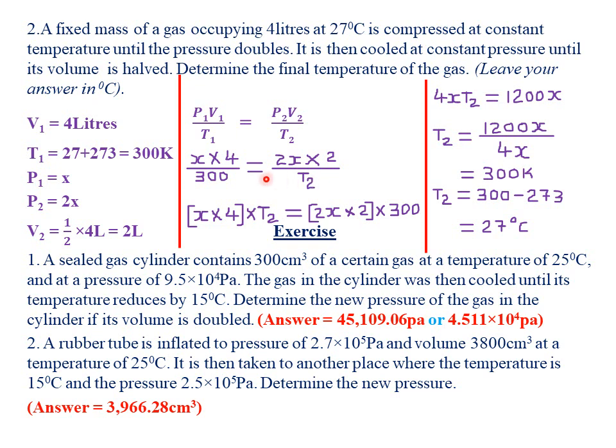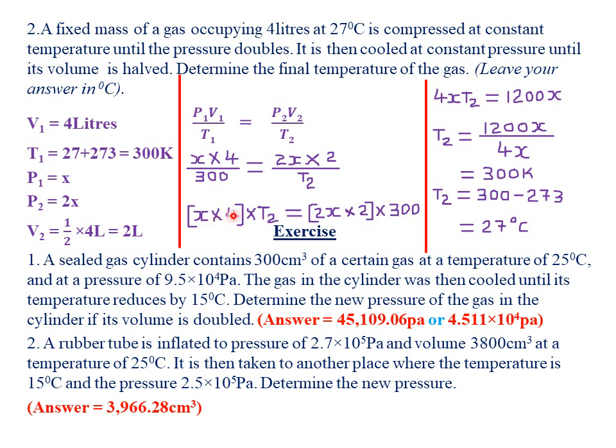So if I do cross multiplication, I'll have x multiplied by 4, then times T2. So I'll have x times 4 multiplied by T2 being equal to 300 multiplied by the values on the numerator, that is 2x by 2. So I'll have 2x times 2 being multiplied by 300.